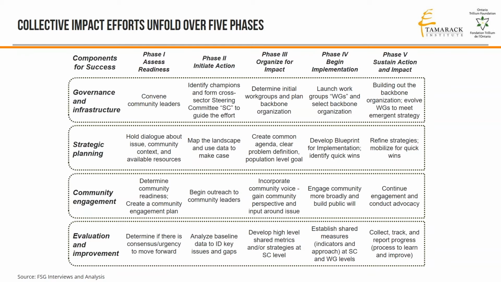Phases 2 and 3 are really developing your plan, mapping the landscape, developing your plan, creating your common agenda. And some groups can move fairly quickly through phases 2 and 3 if they have a fairly specific issue that they are focused on, right?